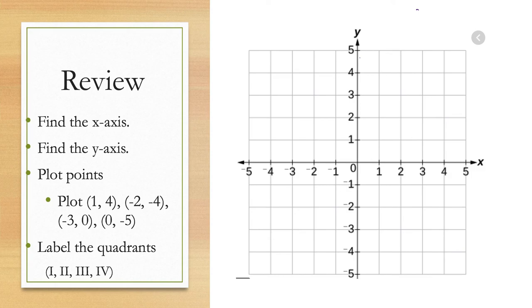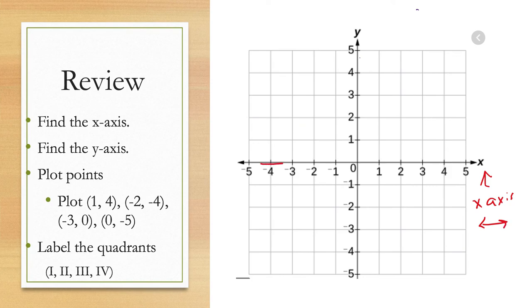The first thing we want to consider is whether we can find the x-axis and the y-axis on the graph. Note that both the x and y-axes are labeled on this particular graph. So your x-axis is here. Remember that the x-axis is going to run across, horizontal.